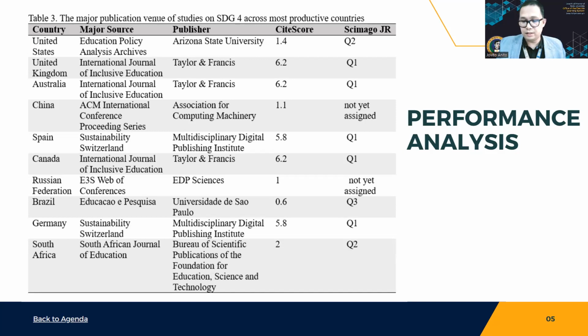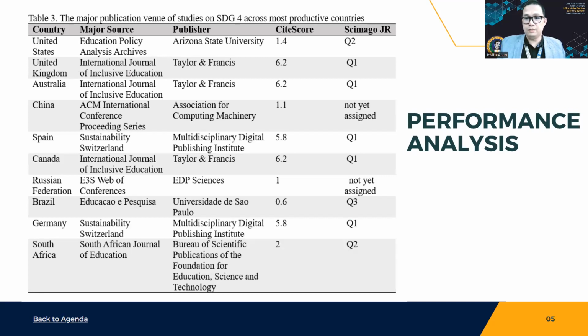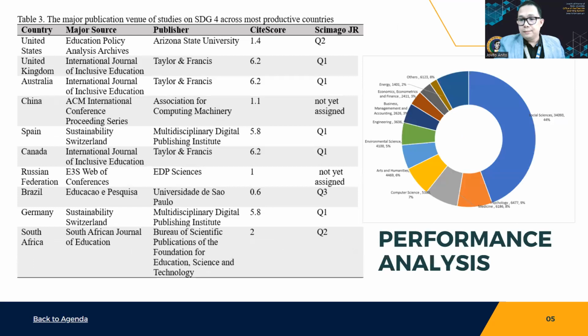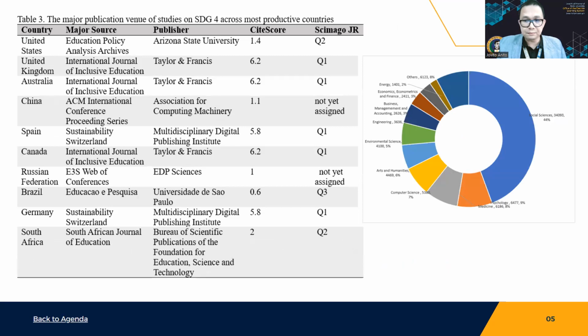So it could give us an idea which countries are producing quality papers landing on quality journals, which basically get the attention of the global scholarship when it comes to SDG 4. In terms of subject matters, as expected, because this is SDG 4 on quality education, most of the papers fall under social sciences, and as also expected, it also has papers on psychology and medicine.